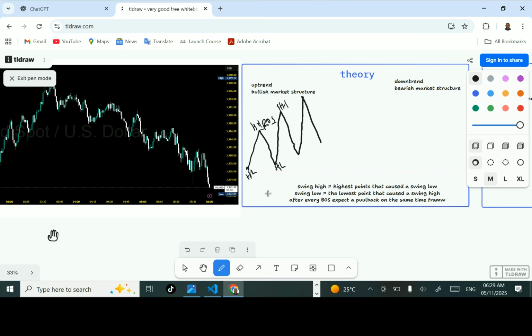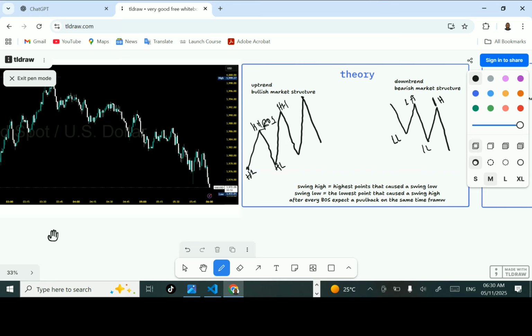Now, what is a downtrend? A downtrend is when the market is forming lower lows and lower highs, lower lows and lower highs.